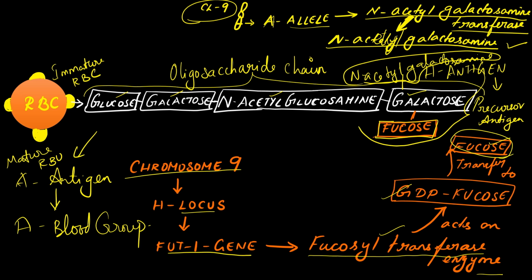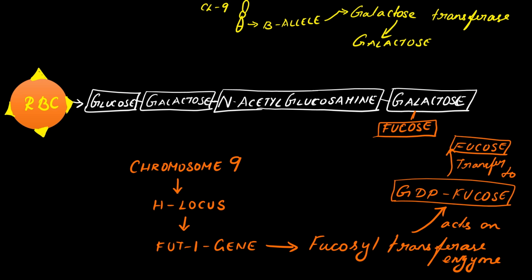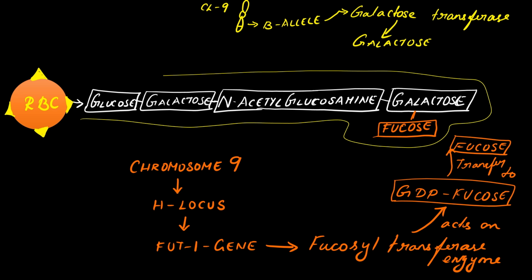Next is going to be the B blood group. Again we take an immature RBC, and the oligosaccharide chain along with fucose is going to be the H antigen. Now we have the H antigen as a precursor antigen. Again from chromosome number 9, in that particular location, they are going to have the B allele, and that B allele is going to produce an enzyme called galactose transferase.